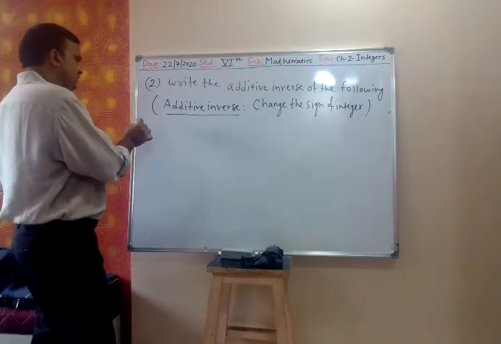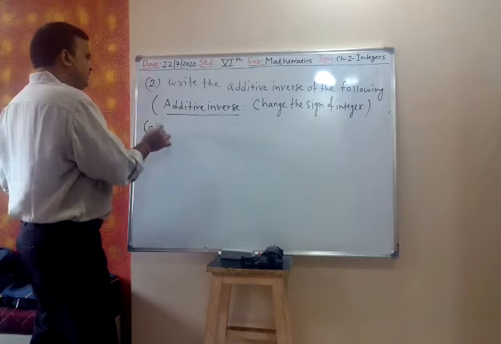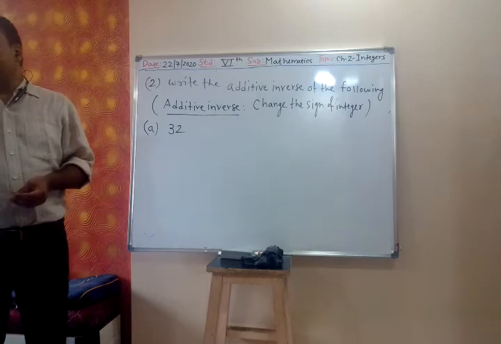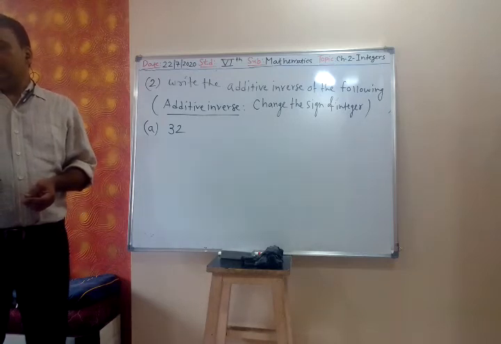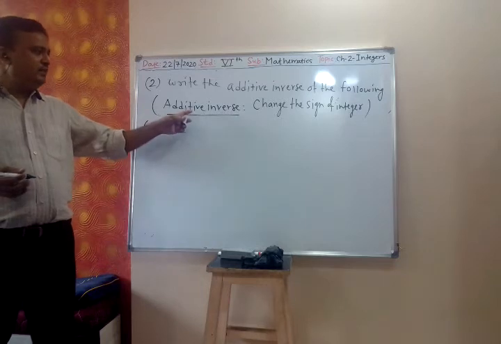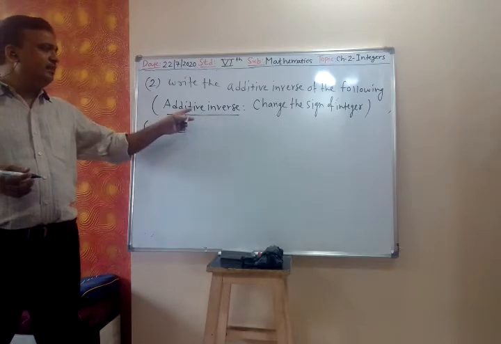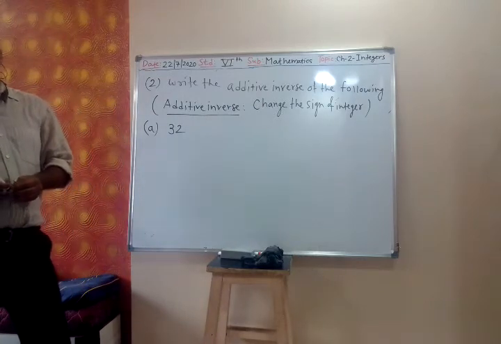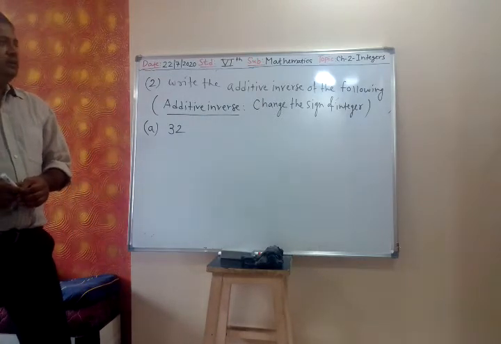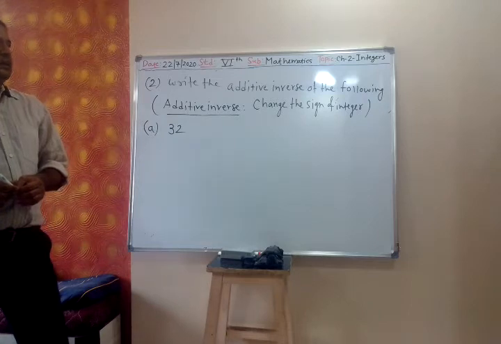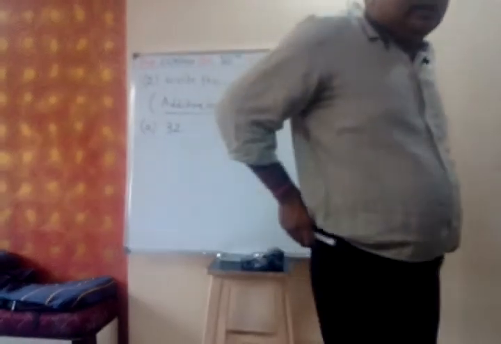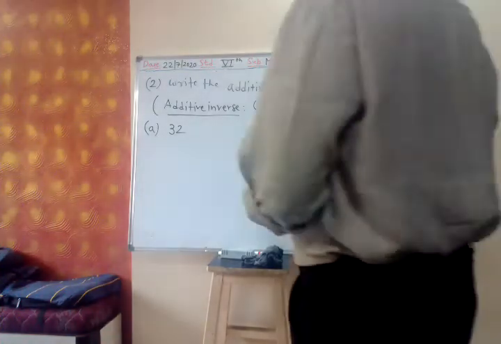A is 32. First, you are given the integer 32. This I had explained: additive inverse means change the sign of the integer. What do you mean by additive inverse? That I had explained, right? It is very much clear.